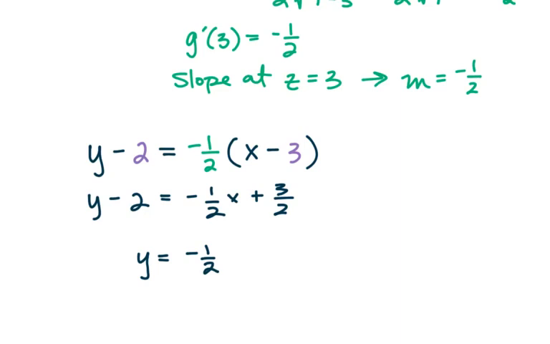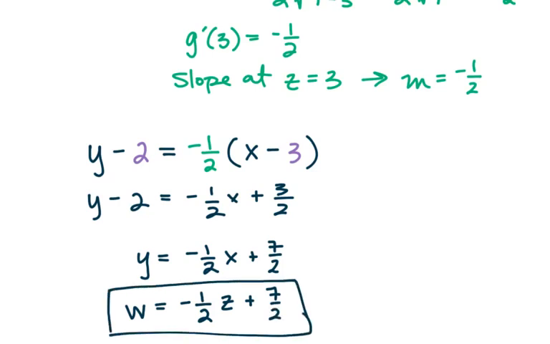Y equals negative 1/2 x plus 3/2, positive 3/2 plus 2, which is 4/2, gives us 7/2. So my equation could be written like this. If I wanted to use the same variables that were given, that would be w equals negative 1/2 z plus 7/2. Just keep in mind I did y minus y1 equals m times x minus x1. That's my point slope equation.